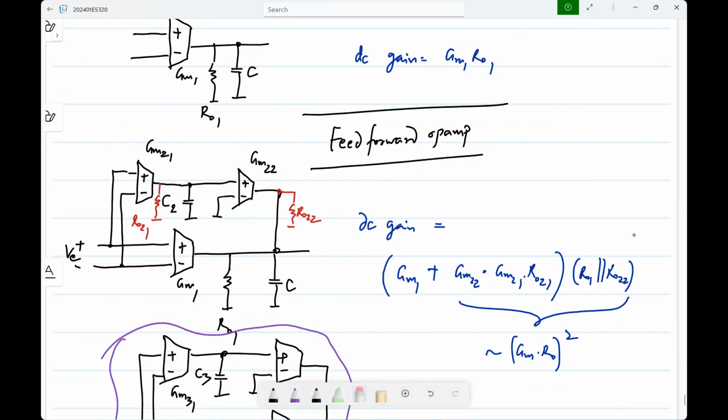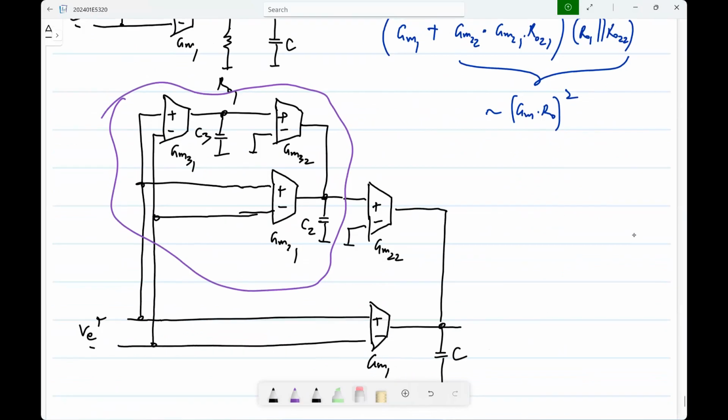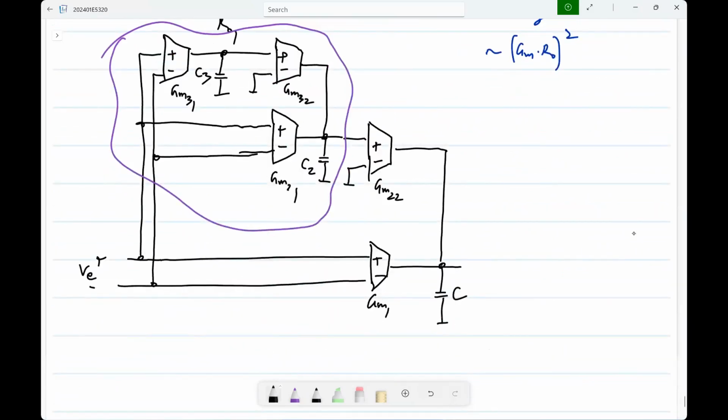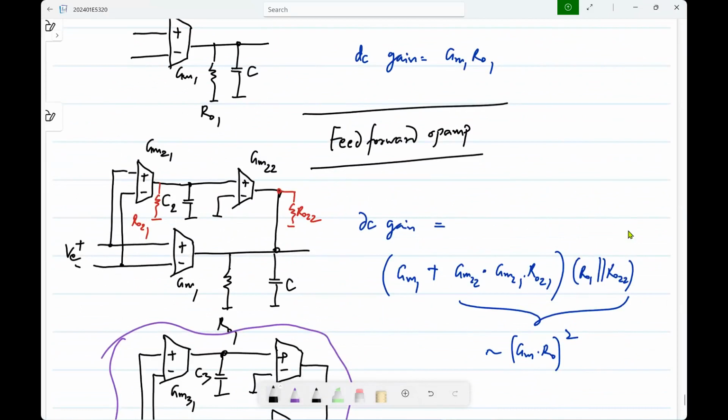So that's why it's called the feed forward op-amp. Okay. So this is now a three-stage feed forward op-amp. Okay. Is this fine? Any questions?